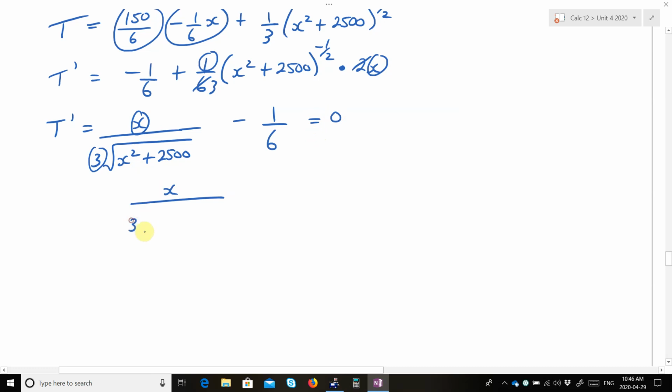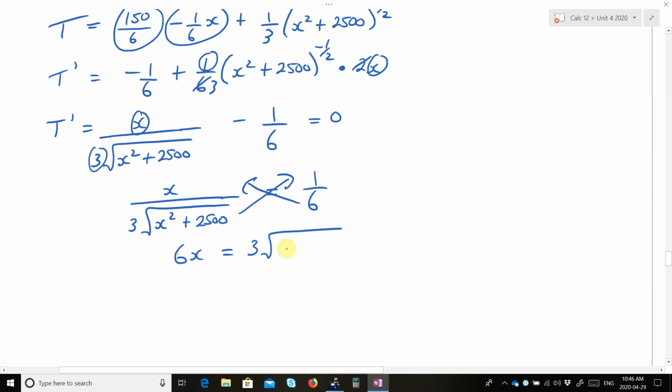So we will have x over the square root of x squared plus 2500, over 3, equals 1/6, like that. Let's cross multiply. And we will get 6x equals 3 times the square root of x squared plus 2500. Maybe we could divide both sides by 3.